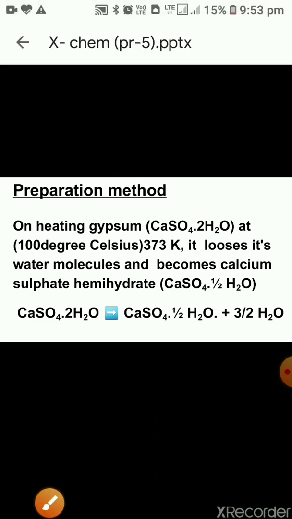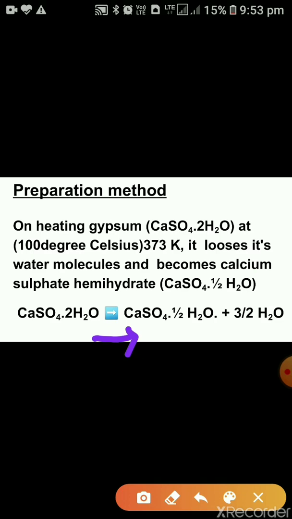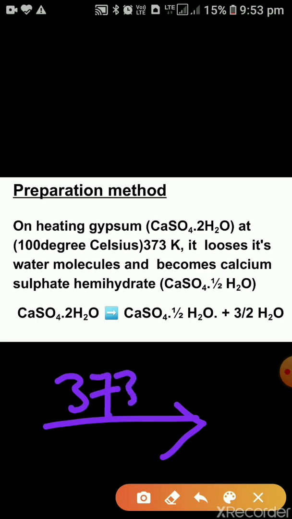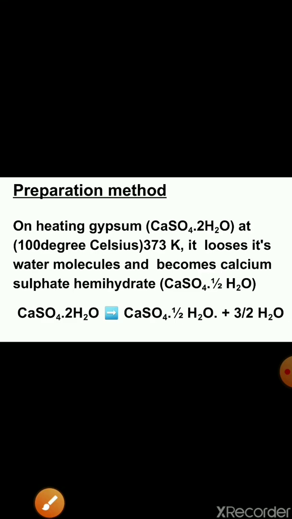Remember one thing, when you are writing this arrow sign, above this arrow you have to put the temperature also, 373 Kelvin, or you can write 100 degrees Celsius. Okay. So which products are we getting here? Calcium sulfate hemihydrate and 3/2 water of crystallization. Water molecules are also moving out.